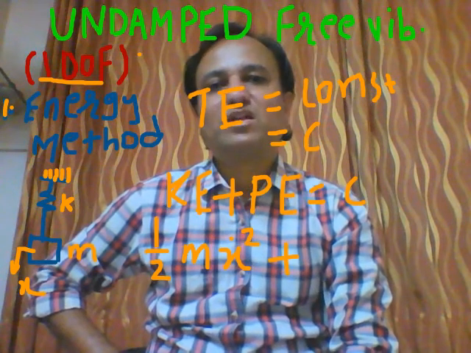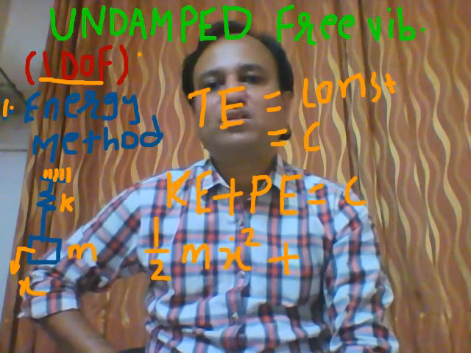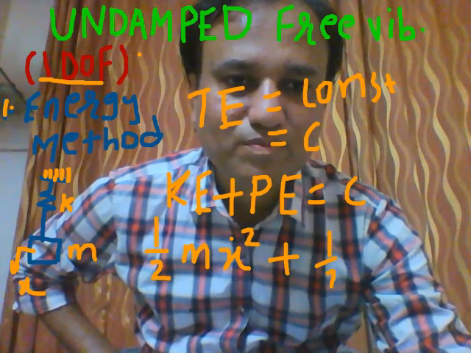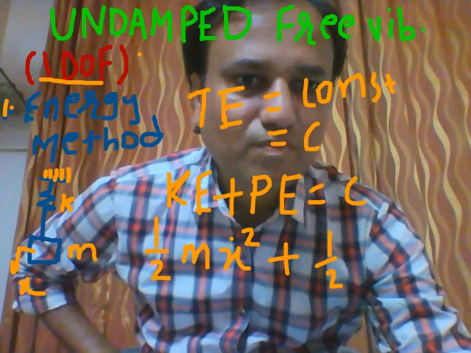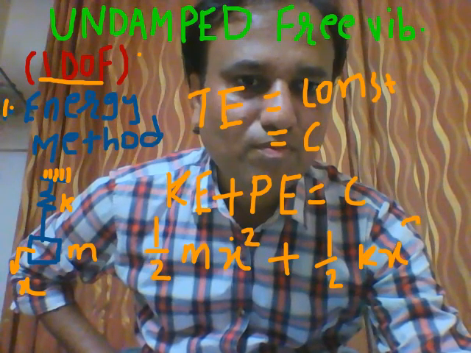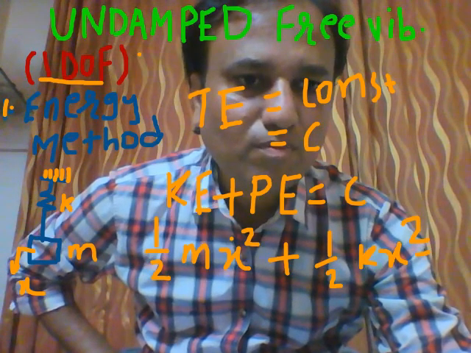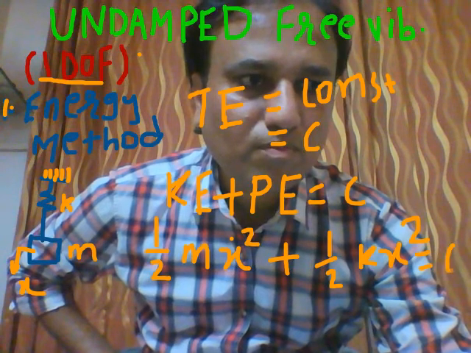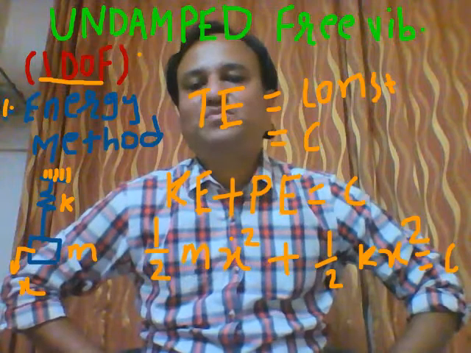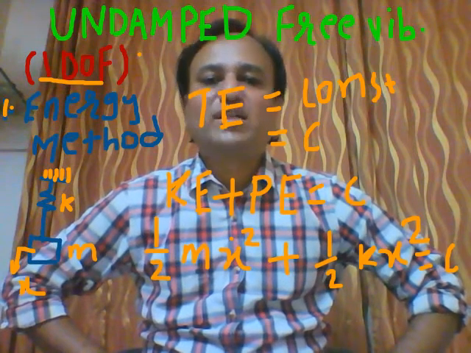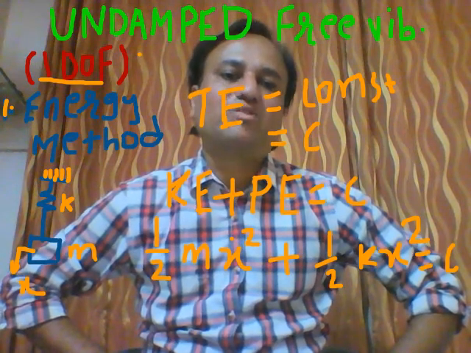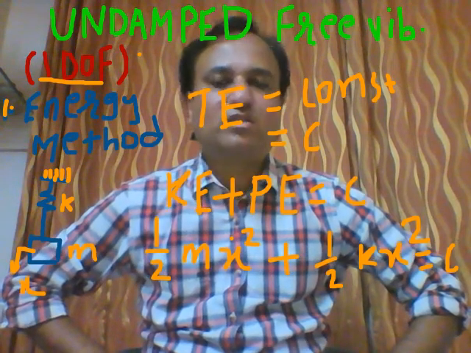Here potential energy is stored in a spring, which will be 1/2 kx square. So kinetic energy 1/2 m x dot square plus potential energy 1/2 kx square is equal to constant.